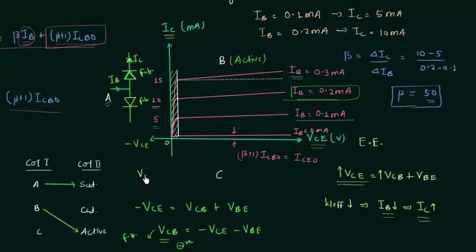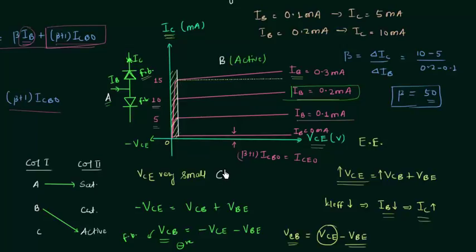You can see VCE is very small in this region, just greater than 0, and we have VCB equal to VCE minus VBE. When VCE is very small, VCB is negative. This means reverse biasing potential is not strong enough to reverse bias this diode, and the diode will remain forward biased. Because of this, this region is part of saturation region.